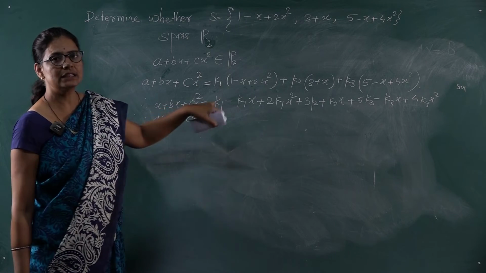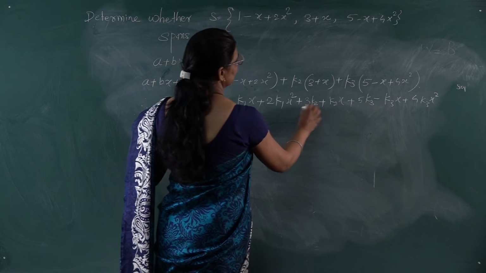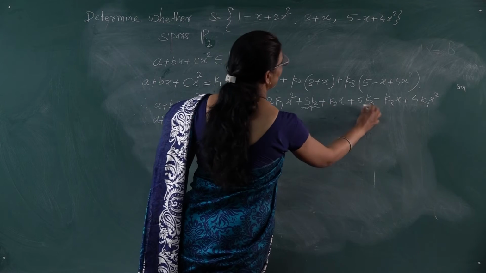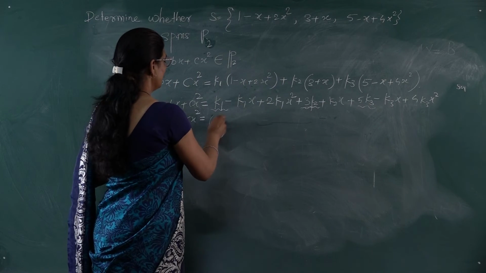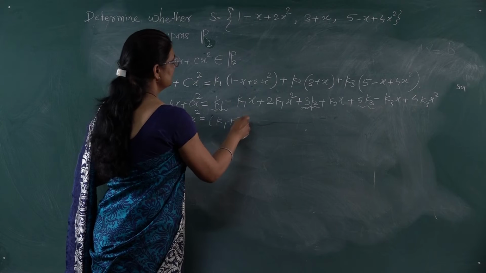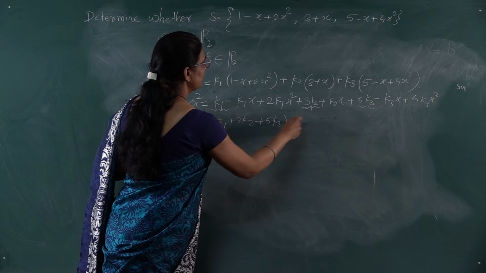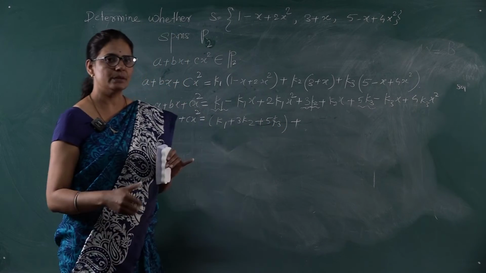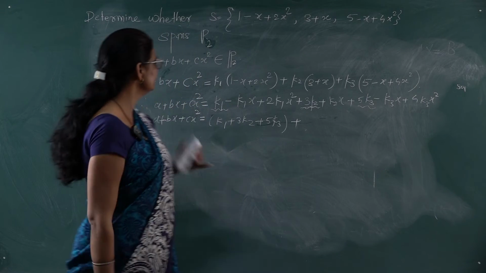So we first collect the constant terms. So this is our first constant term, this is next, and this is the next. I write all these constant terms in one bracket: k1 plus 3k2 plus 5k3. Then I collect the terms of x and take x as a common.